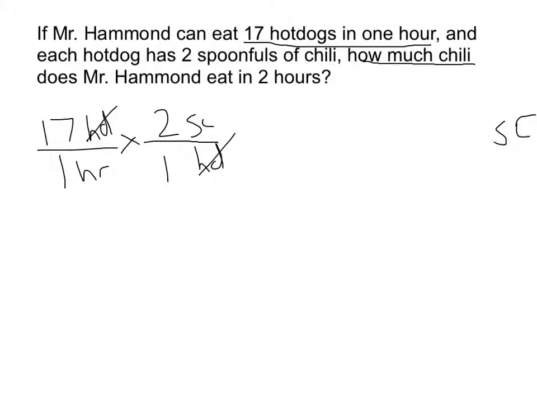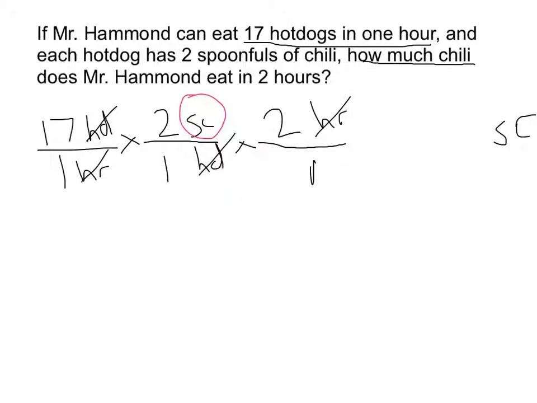But we want to know 2 hours. So 2 hours, we'll put that up here. And I'll just put a 1 down here. So our unit left on the top is spoonfuls of chili, which is what we wanted. We got nothing left on the bottom, which is perfect.